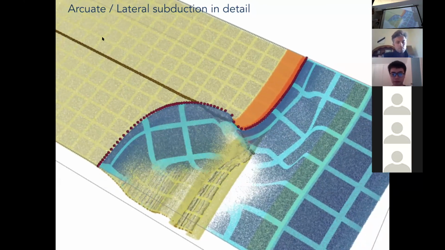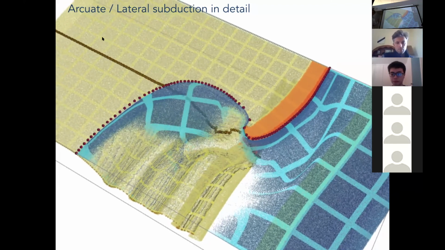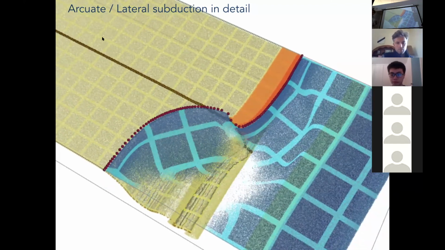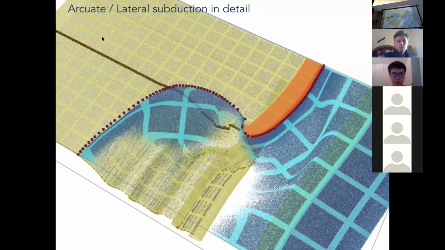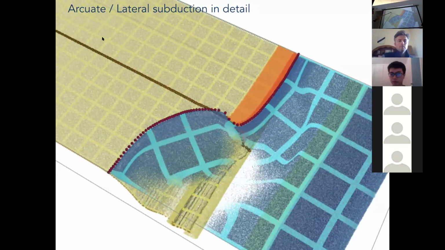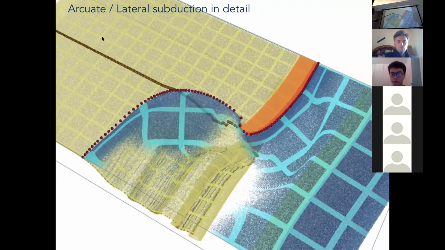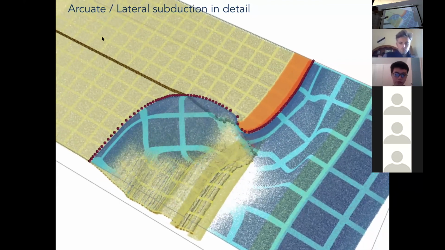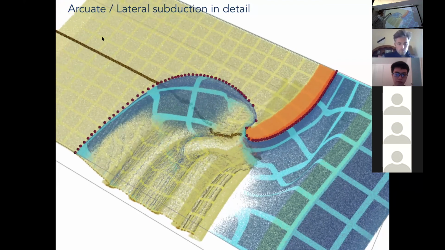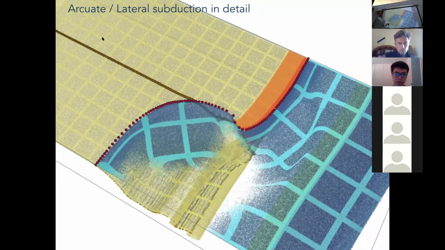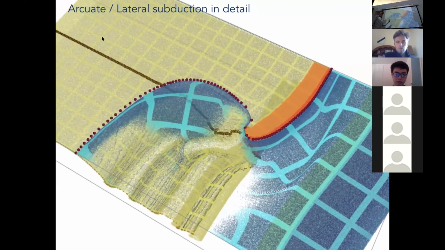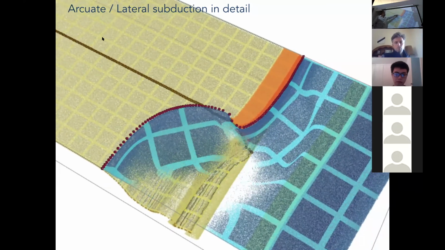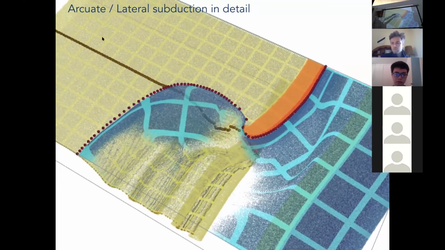And the plate motion is not constrained by any velocities, it's constrained only by the boundary condition. But you'll see that the motion is in the same direction, despite the change in the trench geometry. So the subduction in this retreating subduction zone follows simple retreat-like paths, and in this part of the system is also simple retreat-like paths.